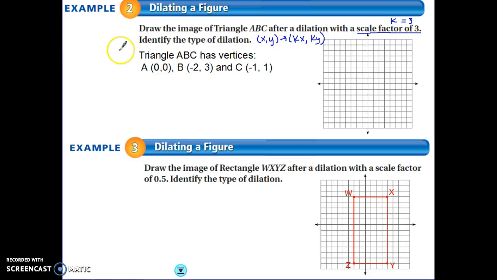To identify the type of dilation, k is bigger than 1, therefore the dilation is an enlargement.